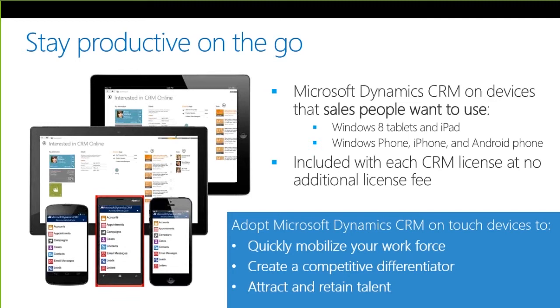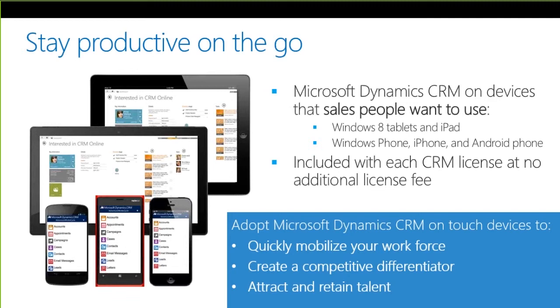From a tablet standpoint, those are the two major operating systems, and they have an actual app that you can download and install to be able to retrieve that information. Also, Windows phones, iPhones, Androids, all accessible. And as I mentioned, it's included as part of your license for no additional cost. So when you purchase a license, you just get everything without the need to add specific modules later on.